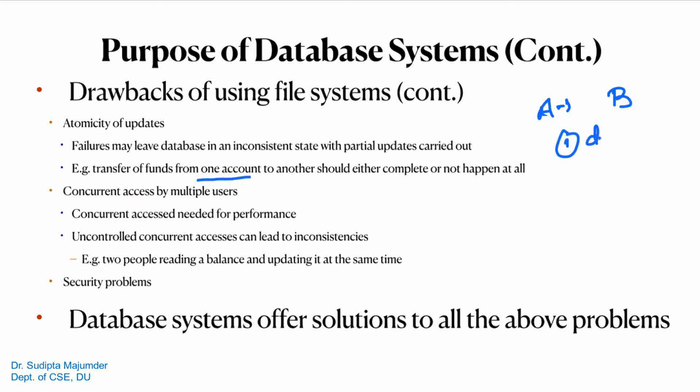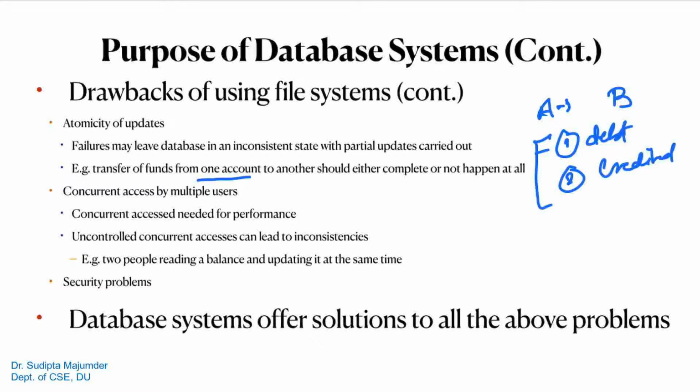First, amount is deducted from A, and second, the amount is credited to B. Now, as per atomicity, these two operations should happen consecutively. If step 1 is executed and step 2 is not executed, then there is a problem. This will raise inconsistent states, and it is due to the partial update which is being carried out.